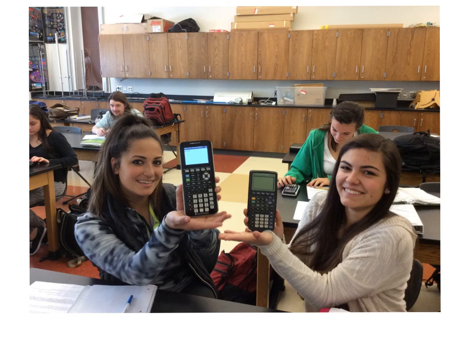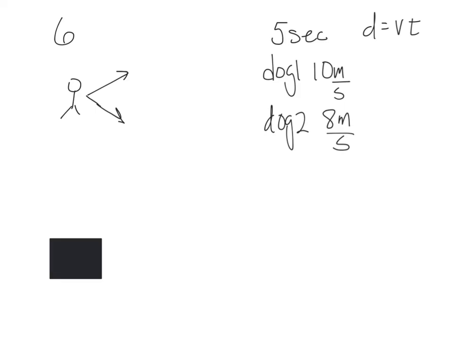Here are some students doing the next problem. Okay, in this problem we have a person walking their dog, and the dogs take off, and the speed that they take off at is 10 meters per second and 8 meters per second, and they run for 5 seconds. And the angle between the dogs is 25 degrees. So we have our person, and here's the 25-degree angle, and one dog ends up over here, and one dog ends up over here.